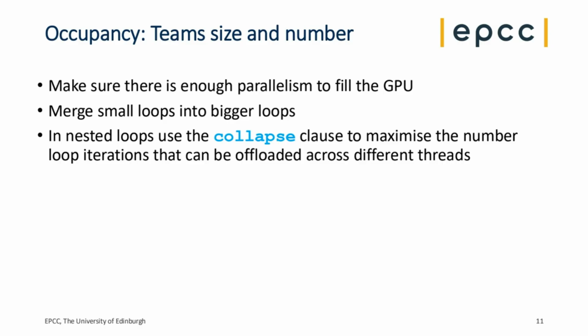If you have nested loops, you might want to collapse them. So essentially you're combining the inner loops with the outer loops, and then you're increasing the number of iterations that take place. So each iteration is like a chunk of work in effect. So you've got more then to distribute over the resources provided by your GPU.